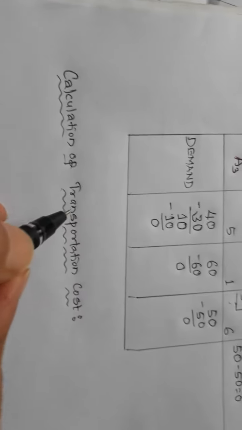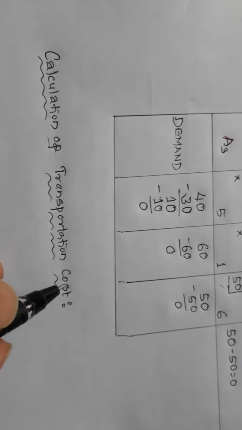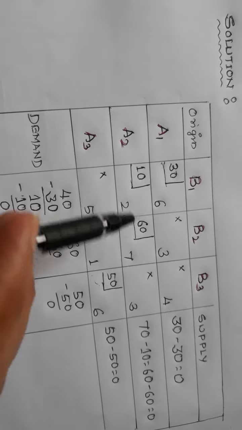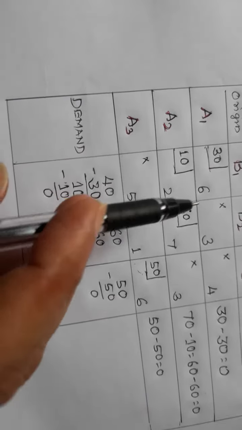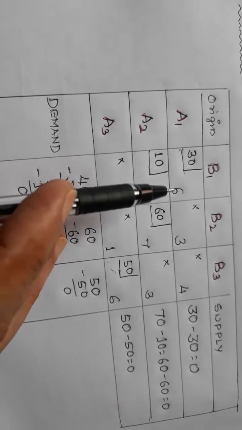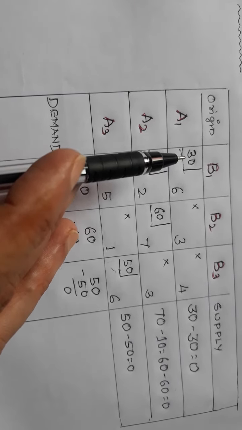After that, you should calculate the transportation cost. See here, every cell has a matrix value and also an allocation value. For example, in this cell we have the matrix value as well as the allocation value.